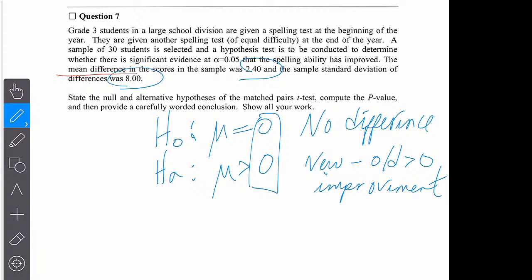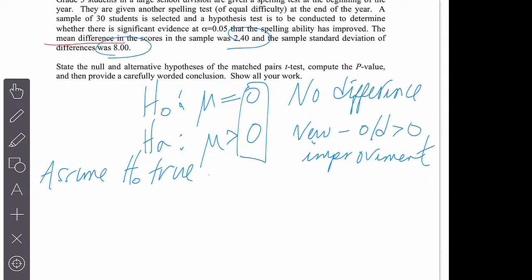All right, so then what do we do? We assume and assess. Assume H naught is true. So what you're going to do is assume that the mean difference is 0.